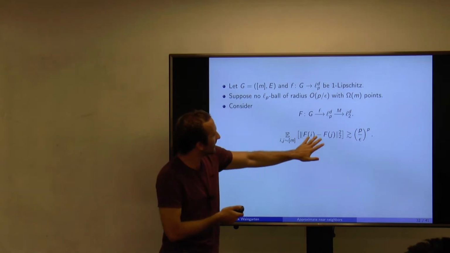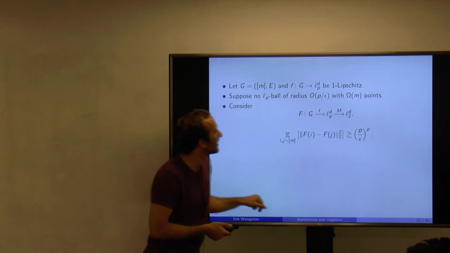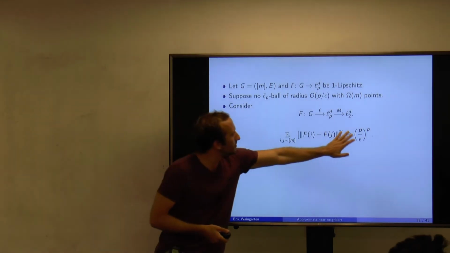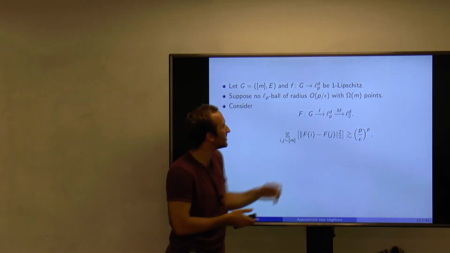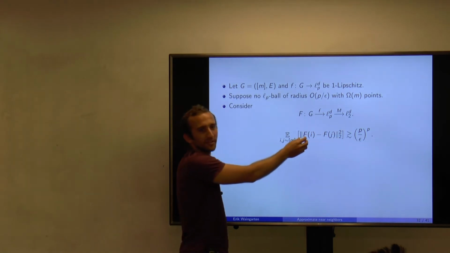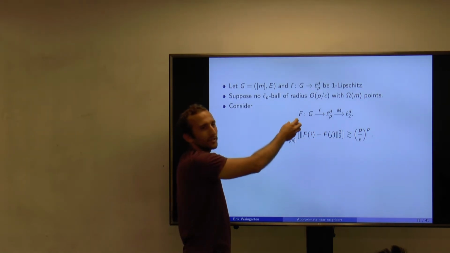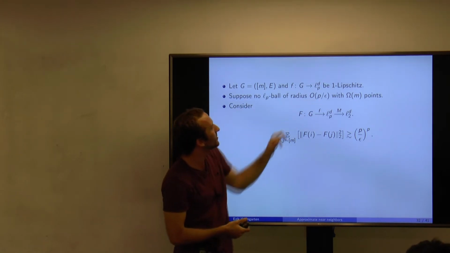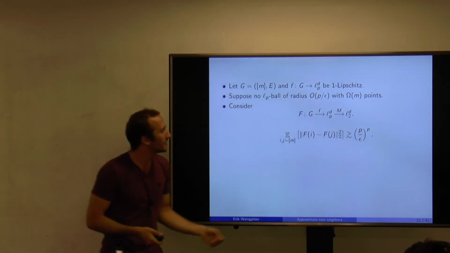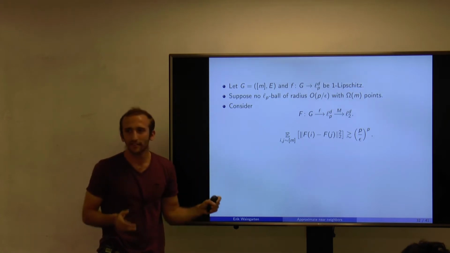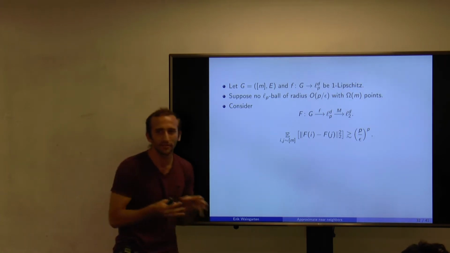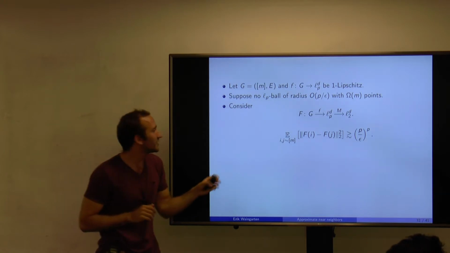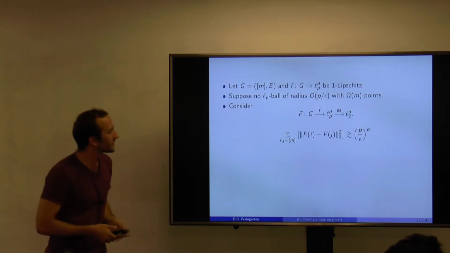The L2 distance squared will roughly be p over epsilon to the p, because the L2 distance squared corresponds to the LP distance raised to the p power in LP space. Since we assumed there were no balls of radius p over epsilon, we get the following lower bound. There are some caveats, like it's up to translation of the points. But we get a lower bound on this quantity.